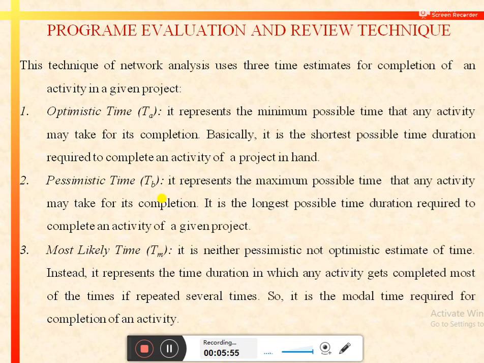Instead, it represents the time duration in which any activity gets completed most of the times if repeated several times. So it is the modal time required for completion of an activity. Most likely time denotes the normal course of action. If any activity is repeated several times, it would get completed in most likely time duration. So it has the higher probability or higher chances of happening.